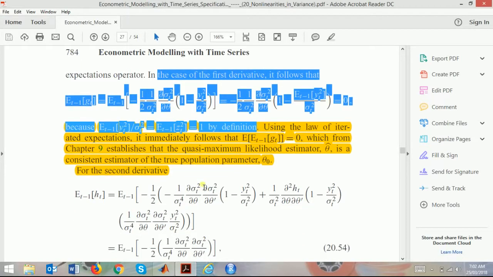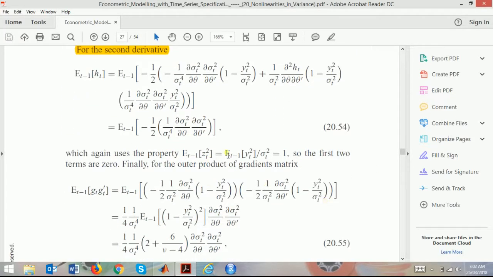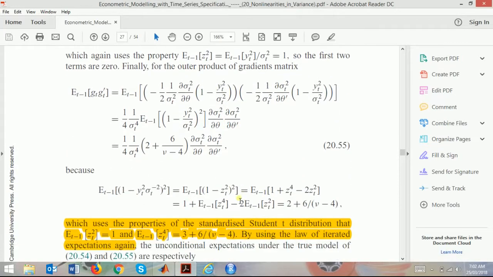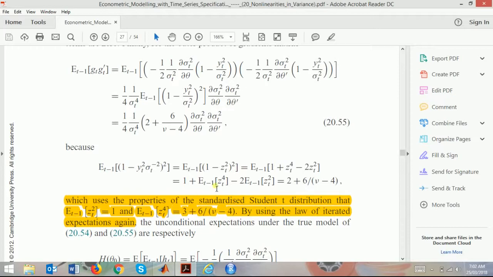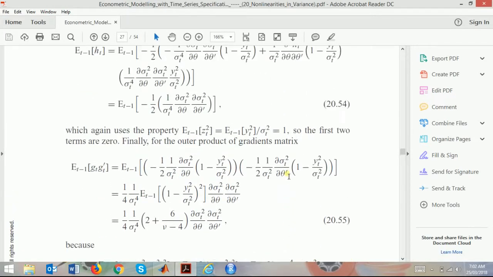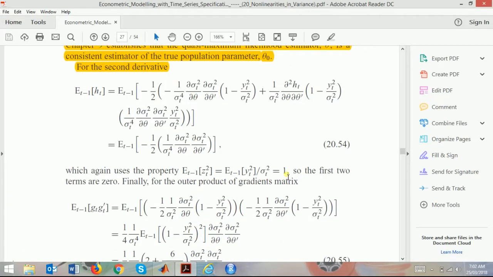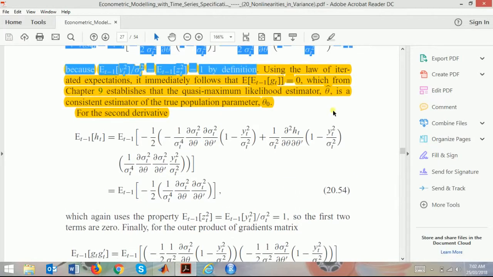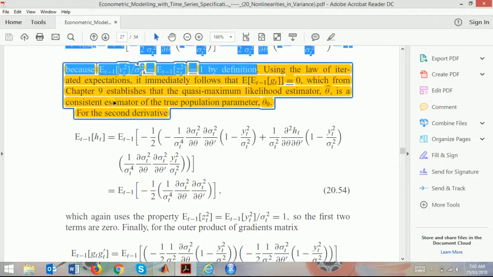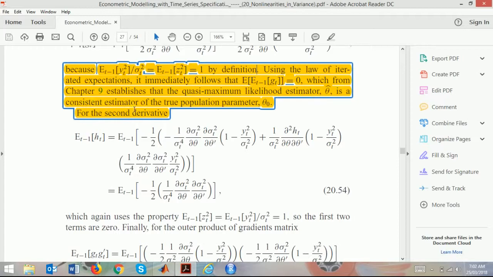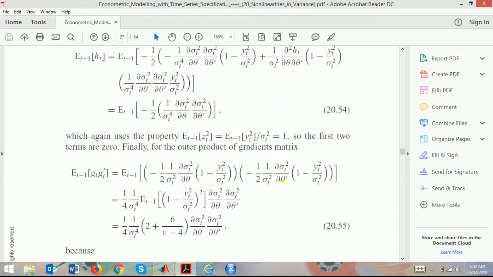And then if we move on to taking more derivatives, it will still give us 0 mean, which means that for all higher order, the quasi-maximum likelihood estimator is a consistent estimator of the true population parameter.